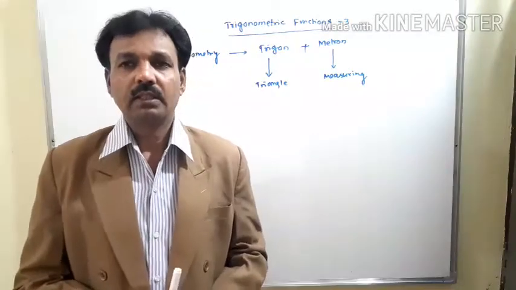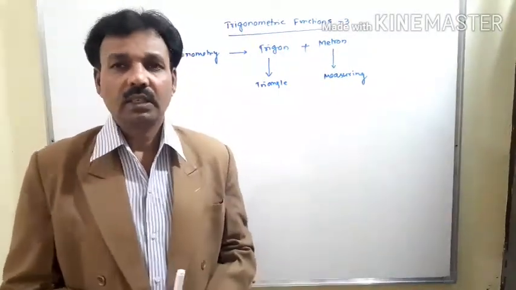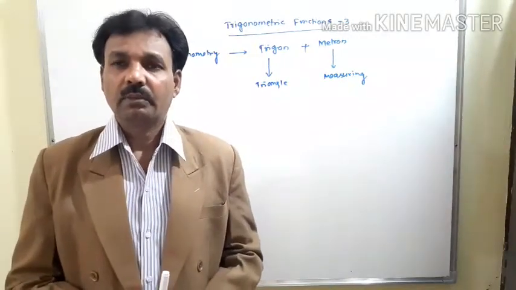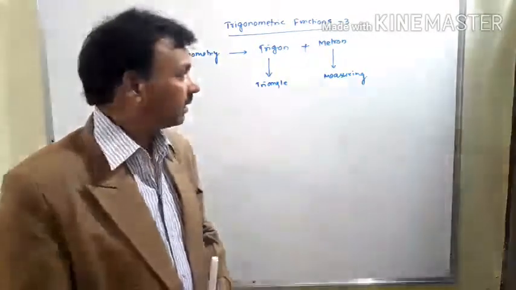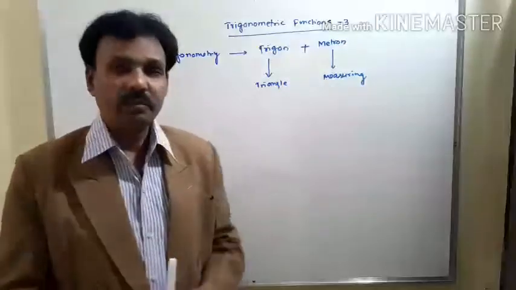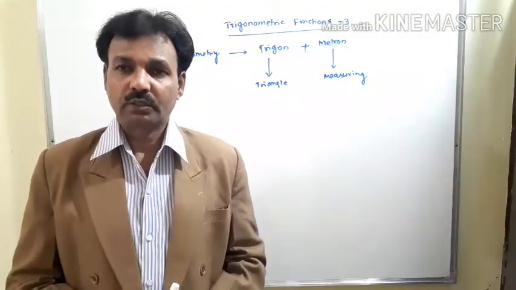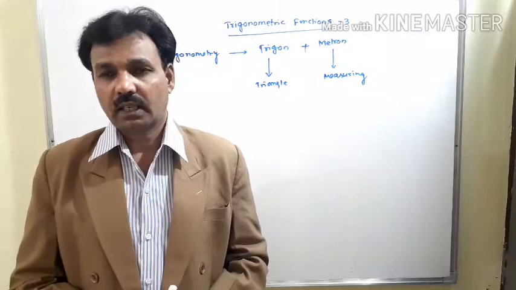But nowadays the area of trigonometry is very vast, and it is not only for right angle triangles, but also applicable for equilateral triangle, isosceles triangle and scalene triangle also.